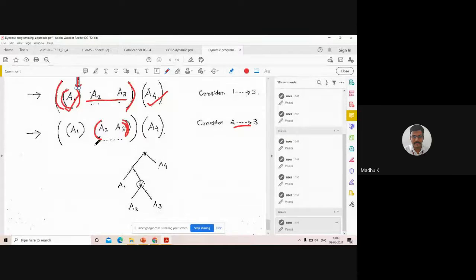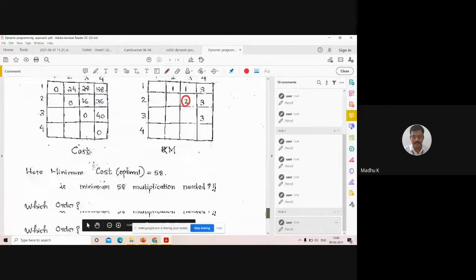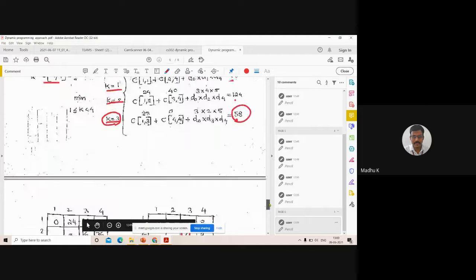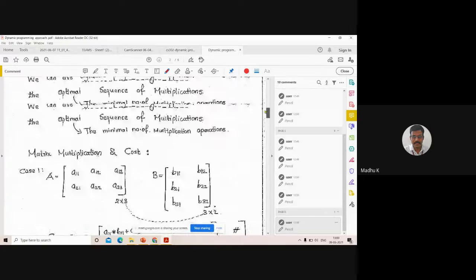Then this will be the sequence. If we perform the multiplication in this sequence, we will get the optimal cost 58. So this is the dynamic programming approach used for chain matrix multiplication.